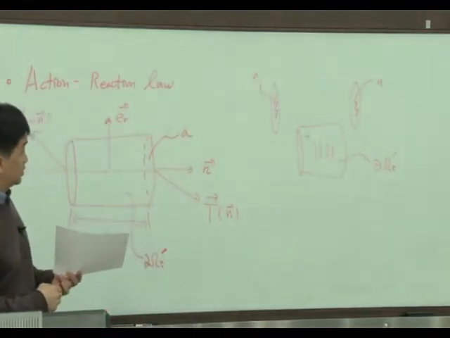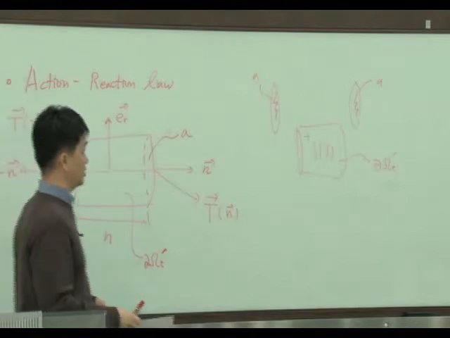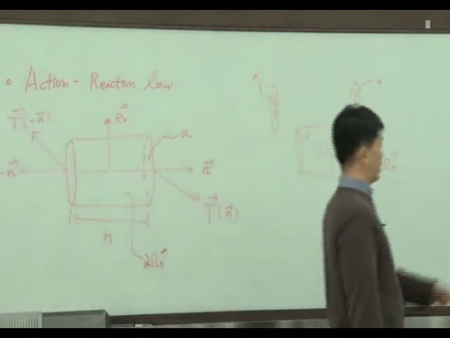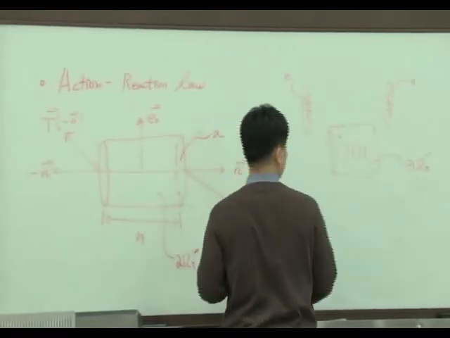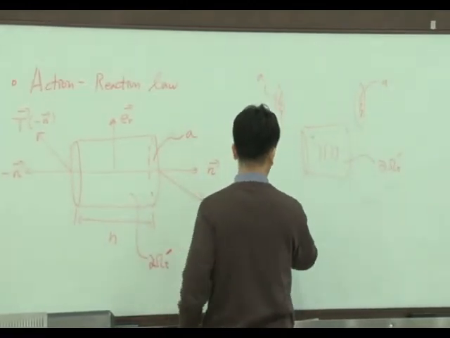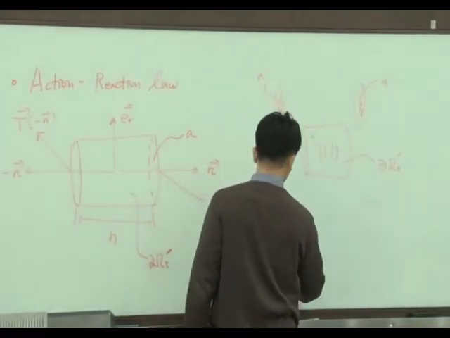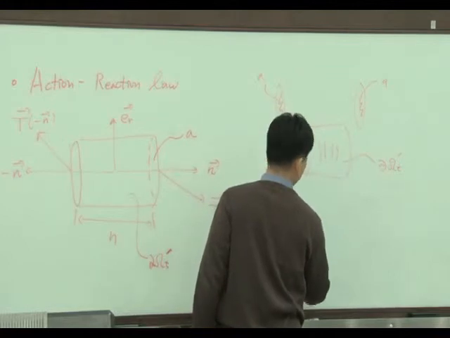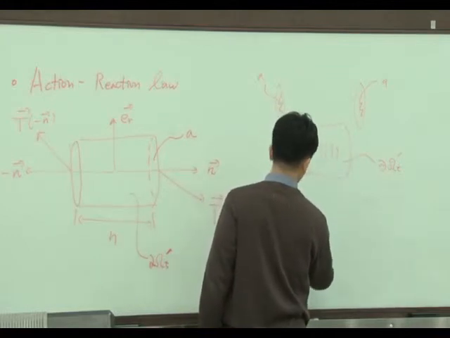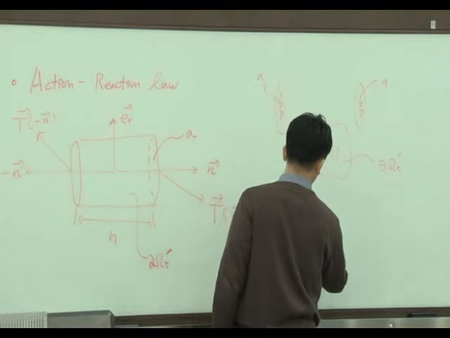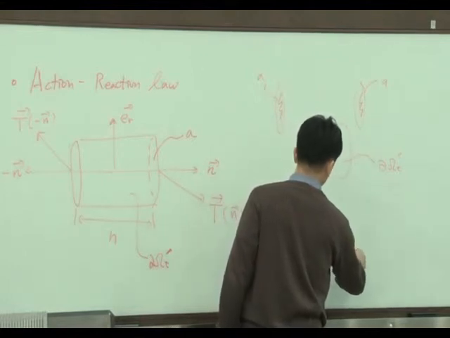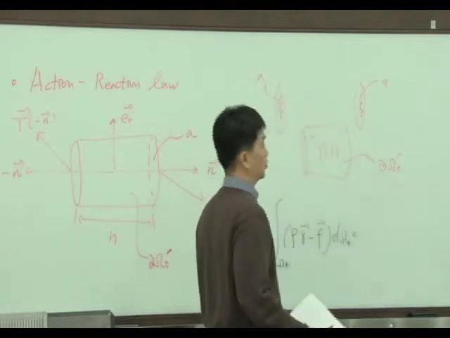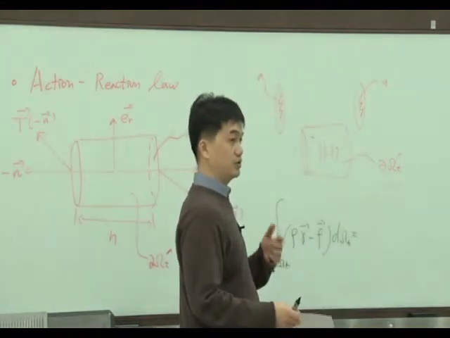And then in this equation I'd like to apply this dynamic resultant theorem. Then the equation becomes: the whole volume omega t, rho gamma minus f, d omega t, equals the three surfaces.